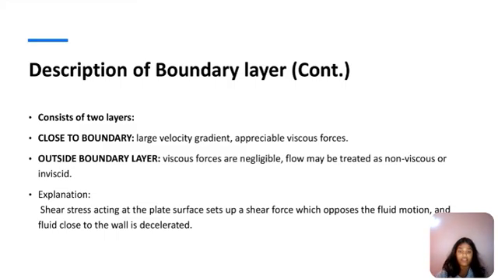The shear stress that acts on a plate surface sets up a shear force. This opposes the fluid motion in the direction of flow, and fluid close to the wall is decelerated.